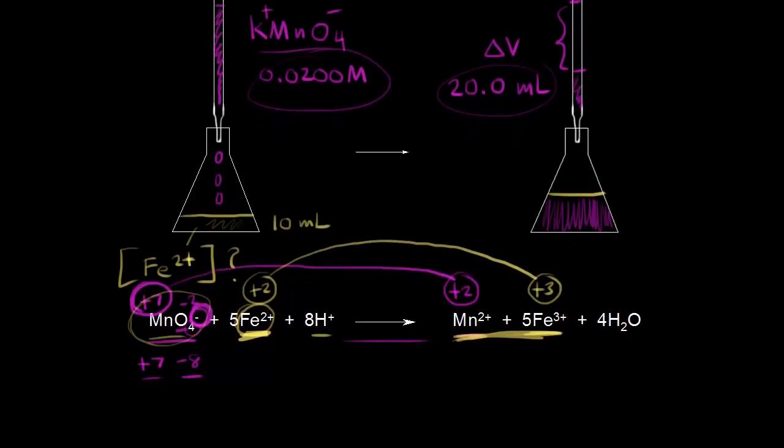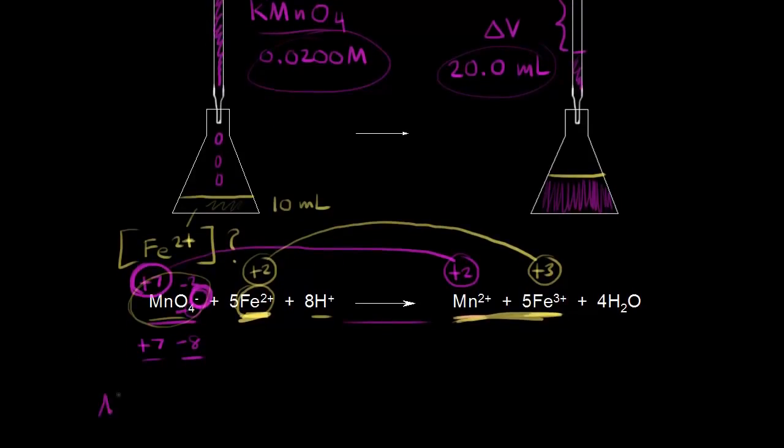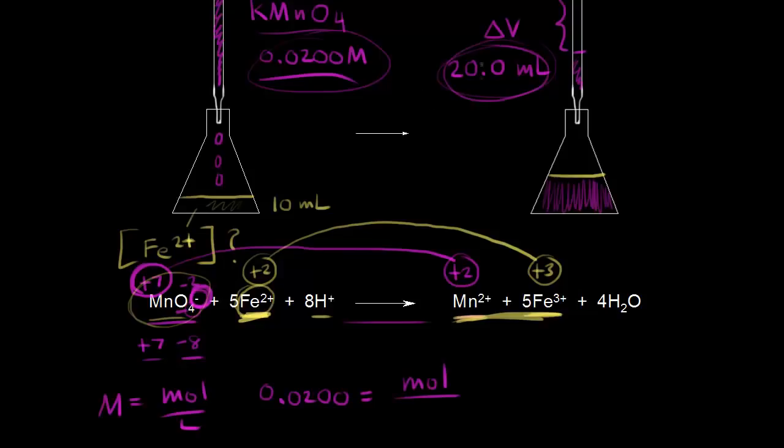All right, so let's get some more room down here. We know that molarity is equal to moles over liters. The molarity of permanganate is 0.02. So we have 0.02 for the concentration of permanganate ions. Moles is what we're solving for, and it took us 20 milliliters for our titration, which we move our decimal place 1, 2, 3, so we get 0.02 liters.